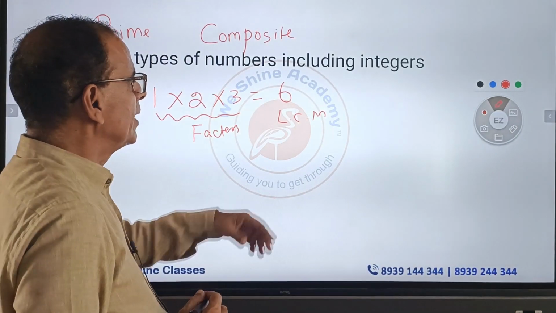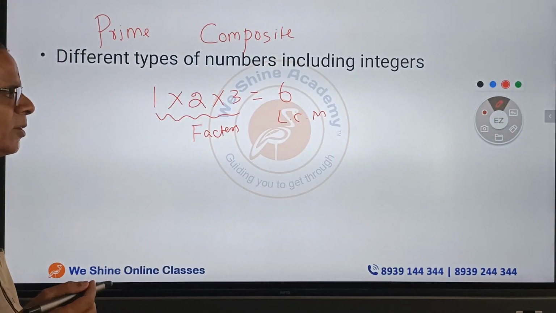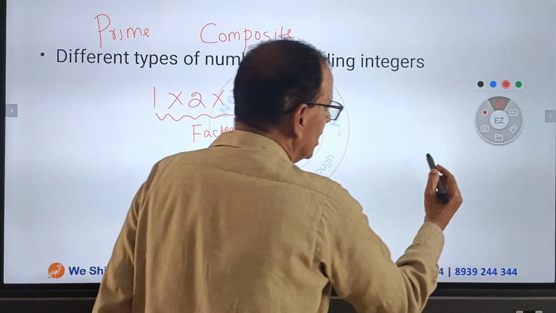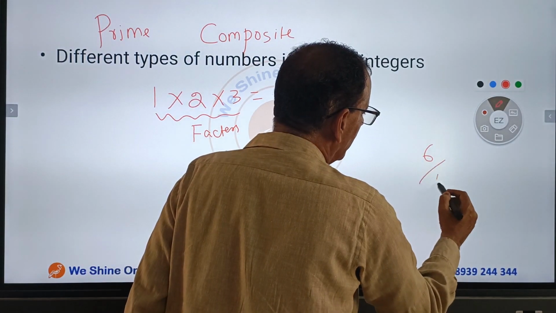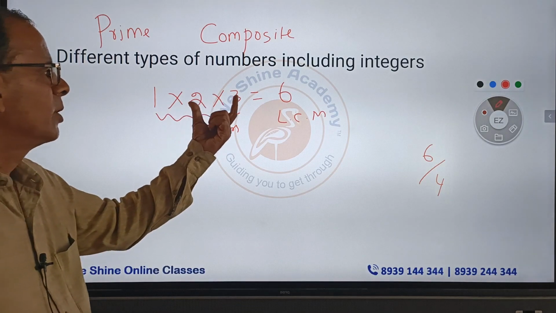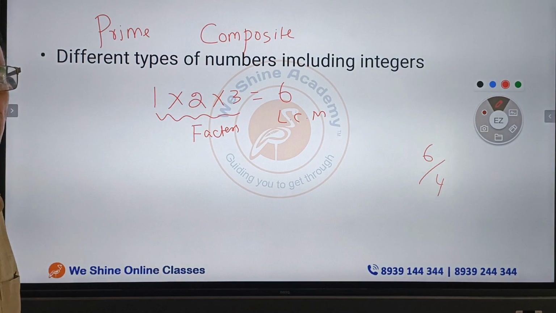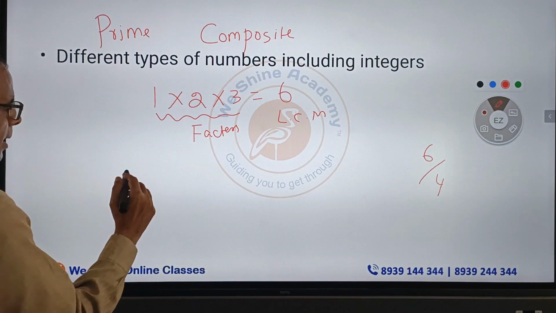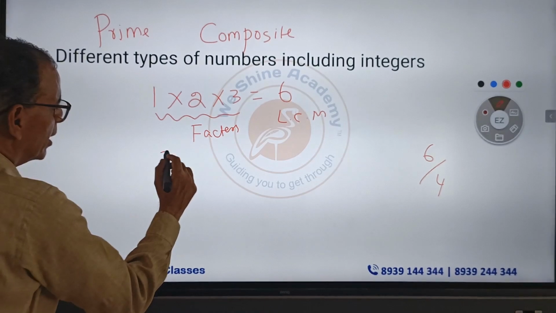In the examination, if they ask whether 4 is a factor of 6, I will get a no, because you cannot divide 6 by 4 without any remainder. Factor means it should divide giving a remainder of 0 only. 1, 2, 3 are factors of 6. Suppose you take number 3.